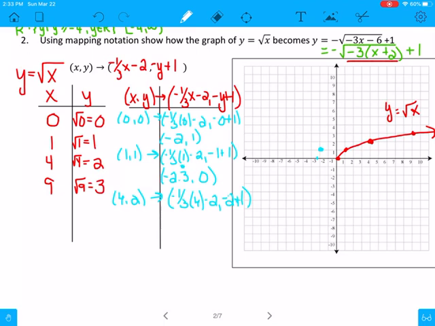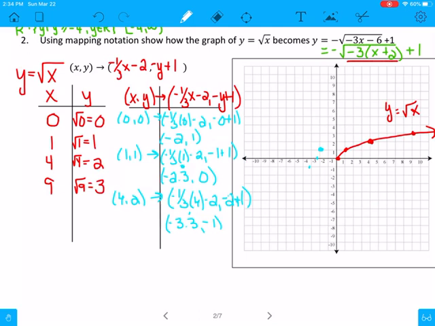And so I get negative 1/3 times 4, which is negative 4/3, and then minus 2, which, as a fraction, is negative 10 over 3. That's hard to graph. So I'm going to graph negative 3.3 repeating. And then comma, negative 2 plus 1 is negative 1. Okay. Then I'm going to do the last one.